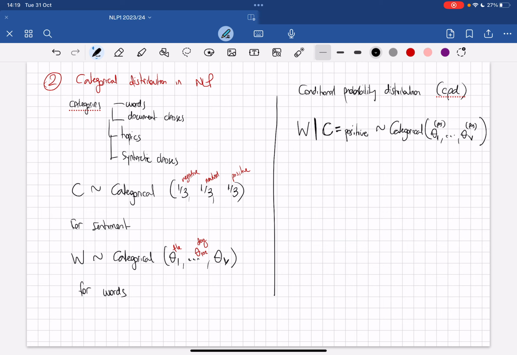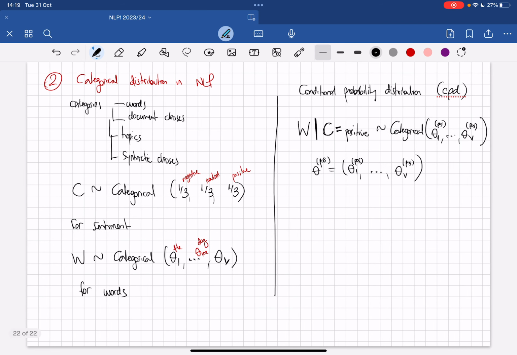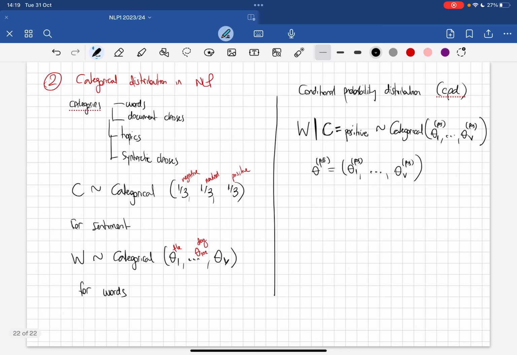And I'm going to explain this notation a little bit better. So I'm using the symbol theta superscript positive to denote all values theta 1 through theta v that are specific to the condition that the random variable c has outcome positive, as opposed to, for example, the neutral case.